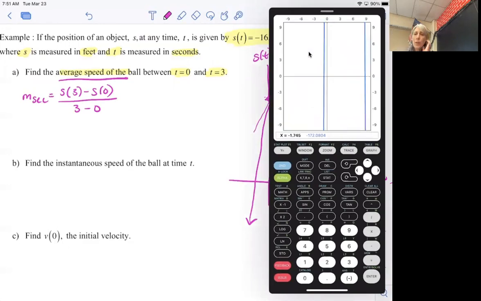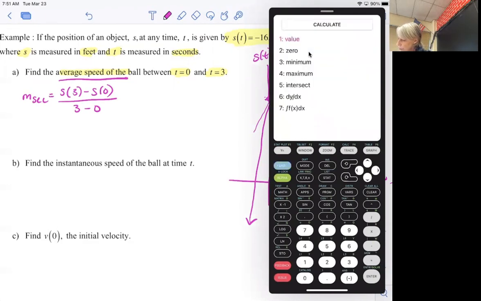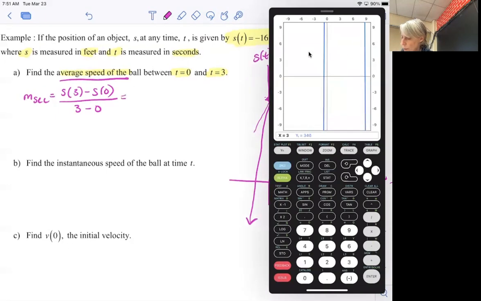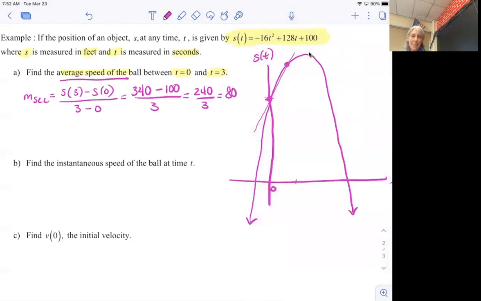If I'm working from the graph, I can just do second trace 3, and I get 340. When I plug 0 in, I see I'm going to get 100. So I have 240 over 3, or the slope of that line is 80.